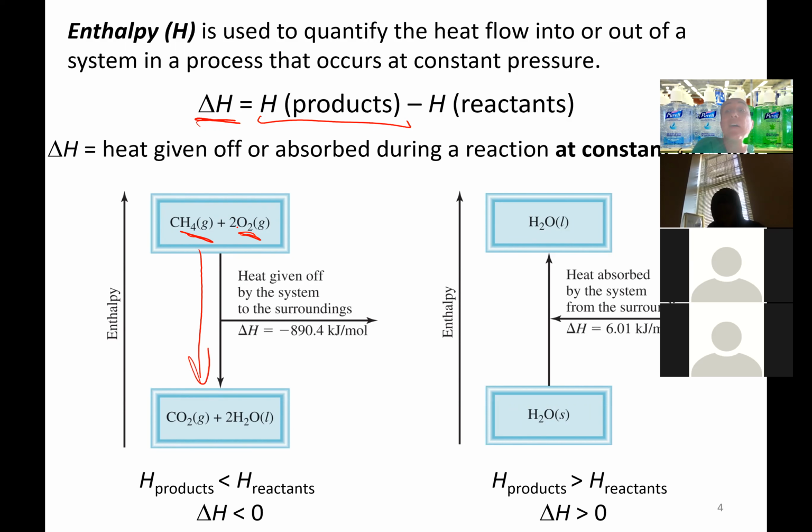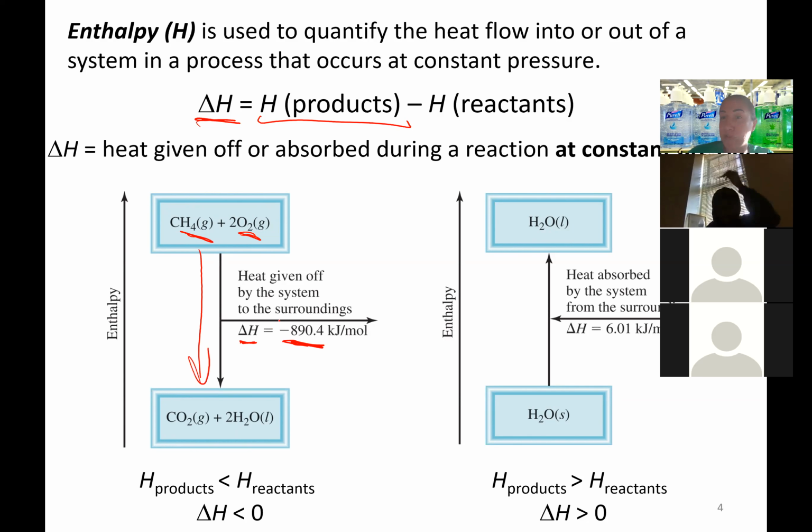It gives out a bunch of energy to the surroundings. And here's the enthalpy. It tells you exactly how much energy it gives off in the form of heat. So what happened is that 890 joules left the system, the reaction, and went to the surroundings, which is why it has a negative sign.